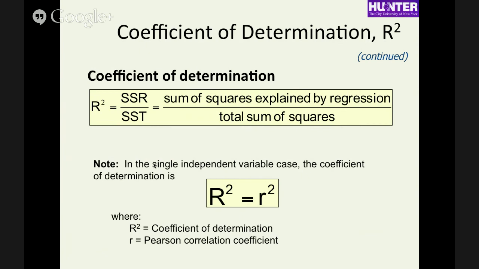And another is this interpretation that r squared is the proportion of total variance that is explained by your regression model. But r squared does not tell you anything about whether you have a positive or a negative relationship.